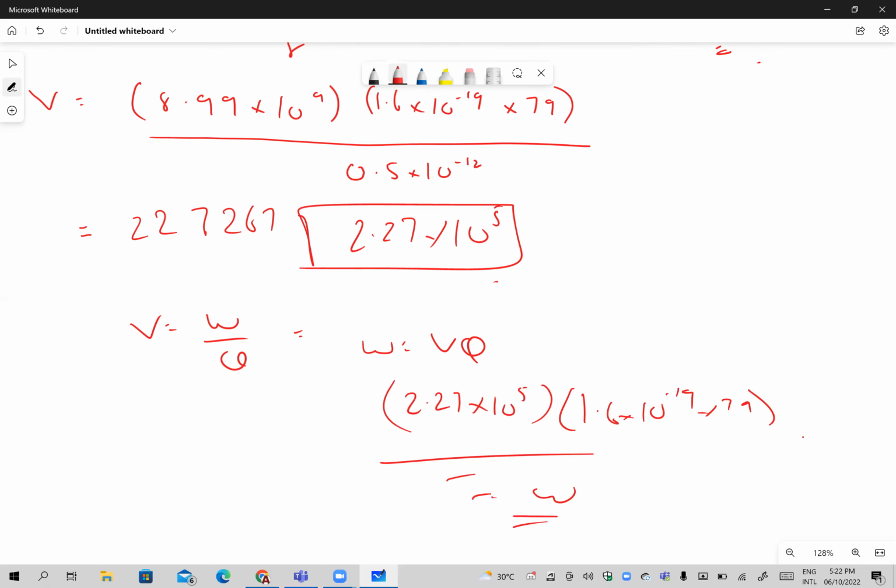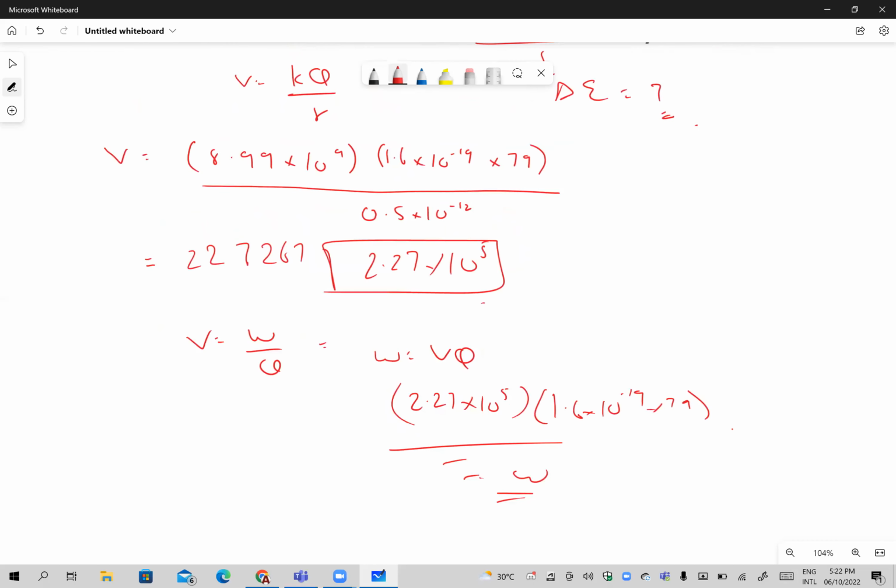So you had to solve this question in 2 steps. Remember, we used to refer to V as voltage, but now more correctly you can refer to it as electric potential.